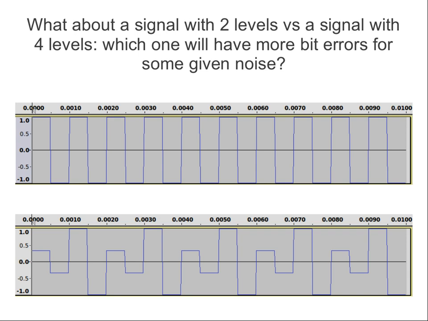Level 2 is minus 1, plus 1, minus 1, plus 1, plus 1, plus 1, minus 1, minus 1. If I drew the square wave to represent that signal, I just change the levels when I need to transmit different bits. That's using the first scheme that we've described.